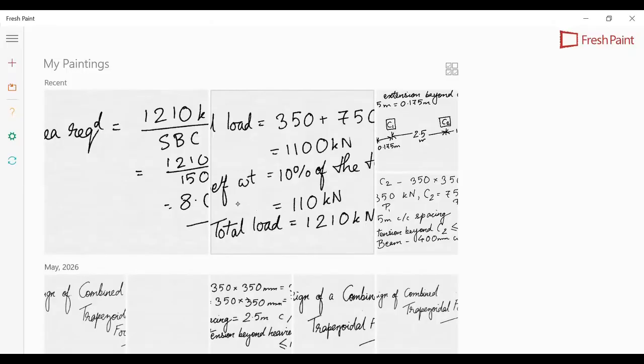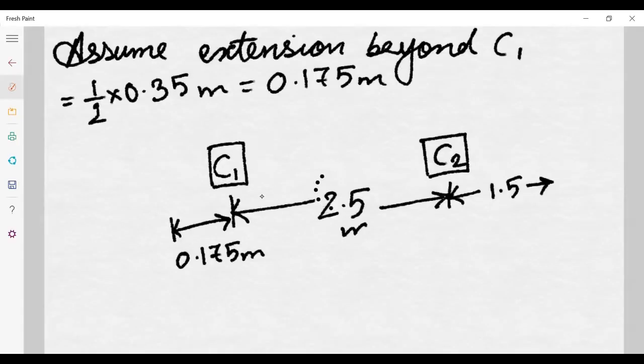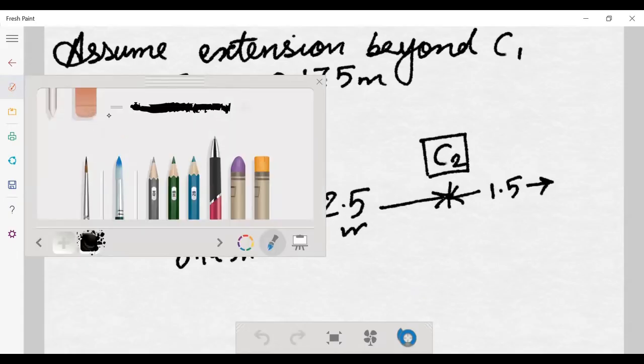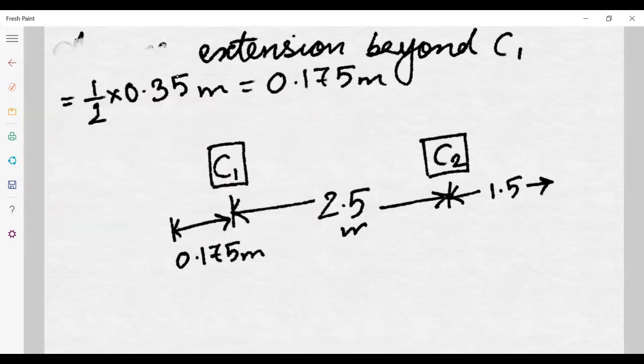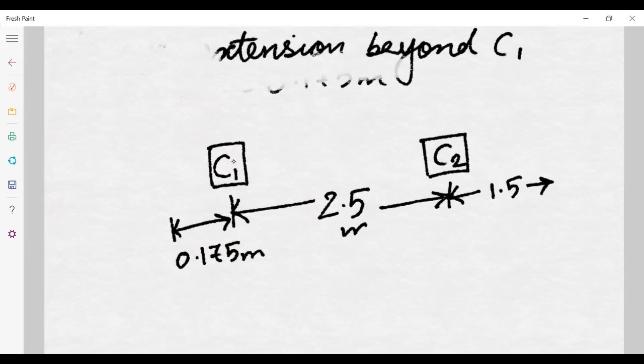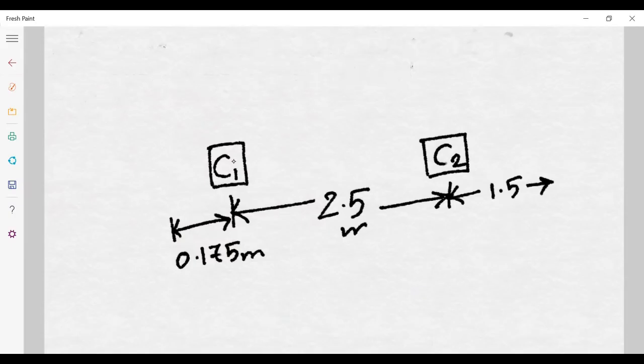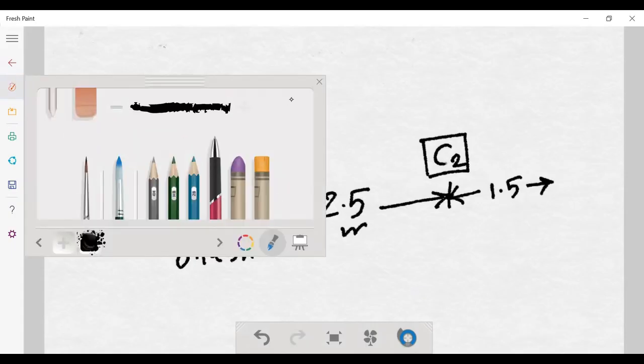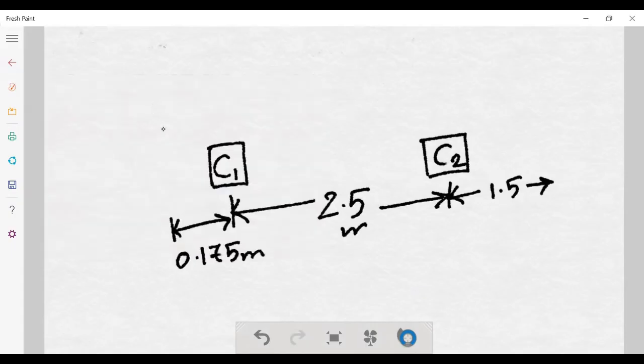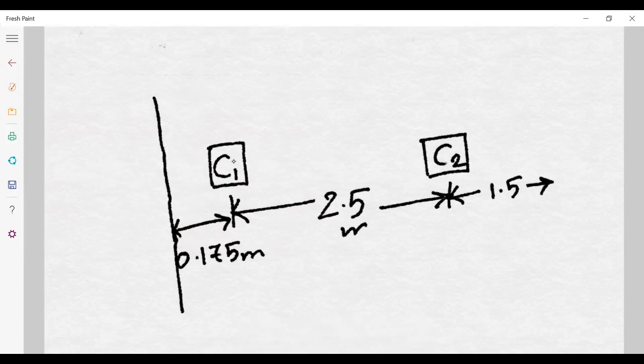Now, let us go back to this screen where we have drawn the center to center distance between the columns. Now let us try to draw it further. If we have to represent the footing here, suppose the footing will be somewhere like this.